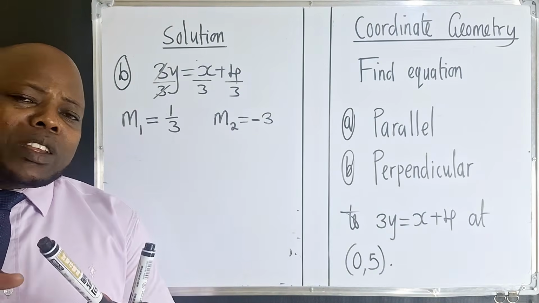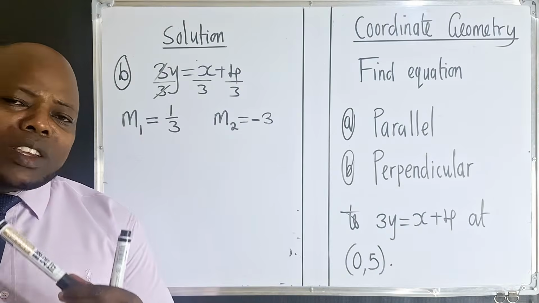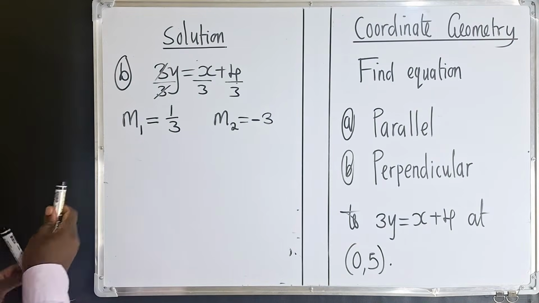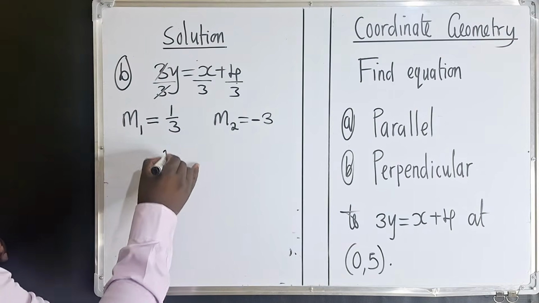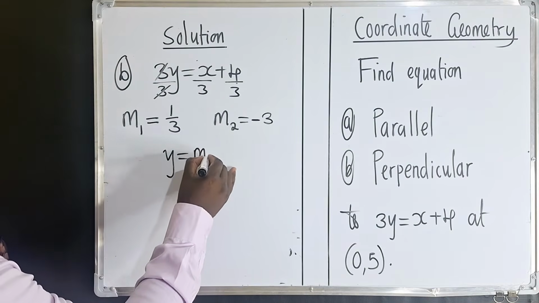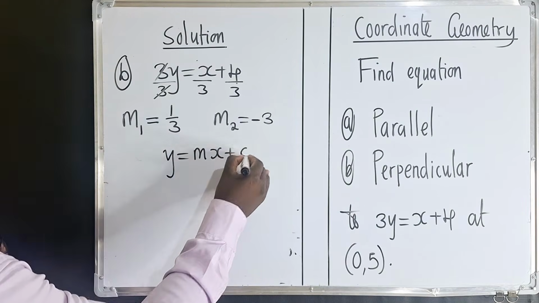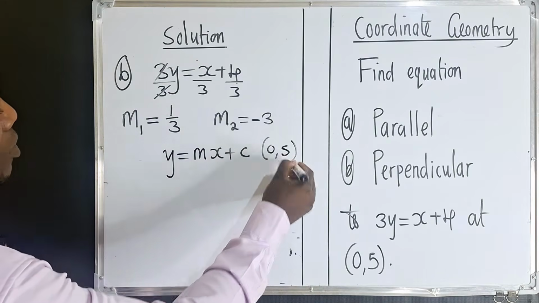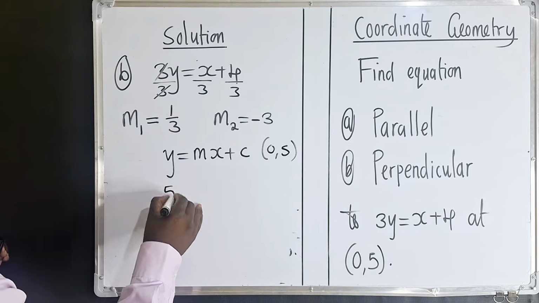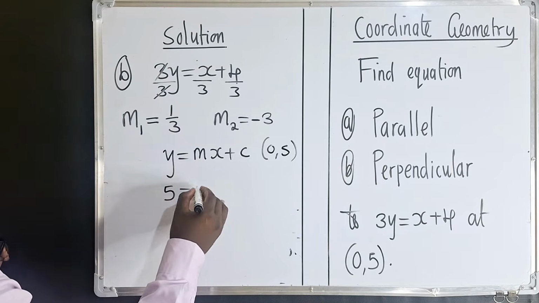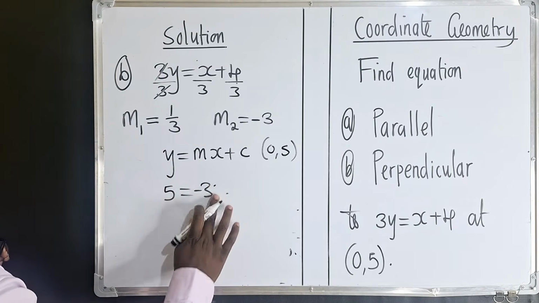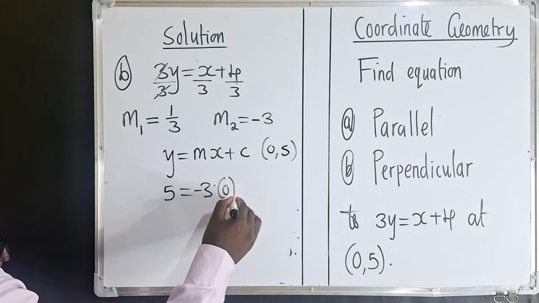Now finding perpendicular, or the equation that is perpendicular, we are going to get m2, and this will be y is equal to m x plus a c. So the point is a 0,5. The same point, we shall write a 5 here, equal to, the m is a -3, x is a 0 plus a c.